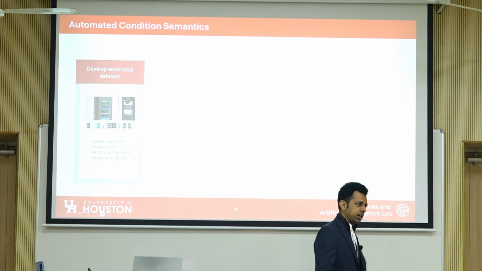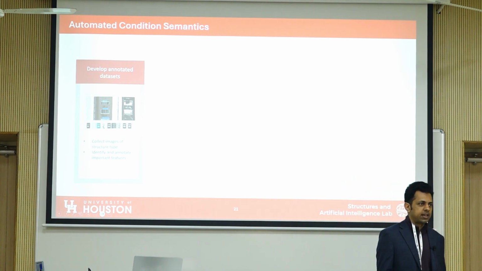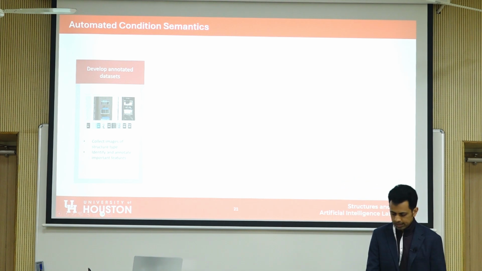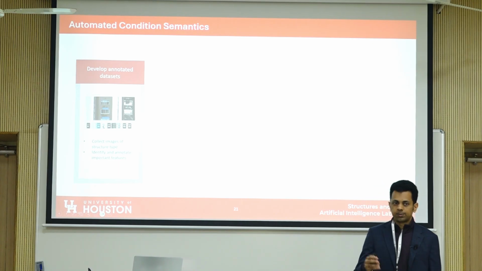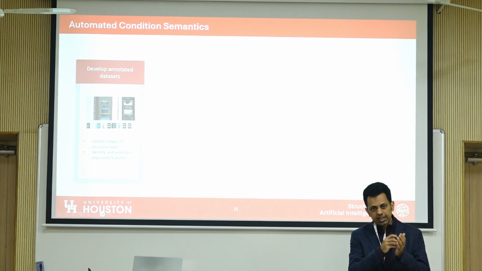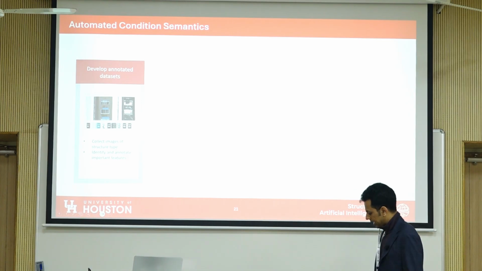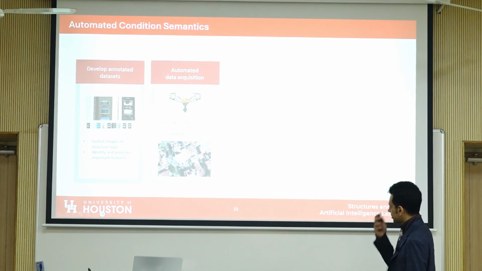If you want a classification where each image is classified, then you simply classify each image. But if you want the exact pixels that correspond to spalling, you can barely see it, but you can see some blue patches there and some gray patches. If you want the pixels that correspond to the defect, then you need to annotate each of those pixels in your data set generation as well.